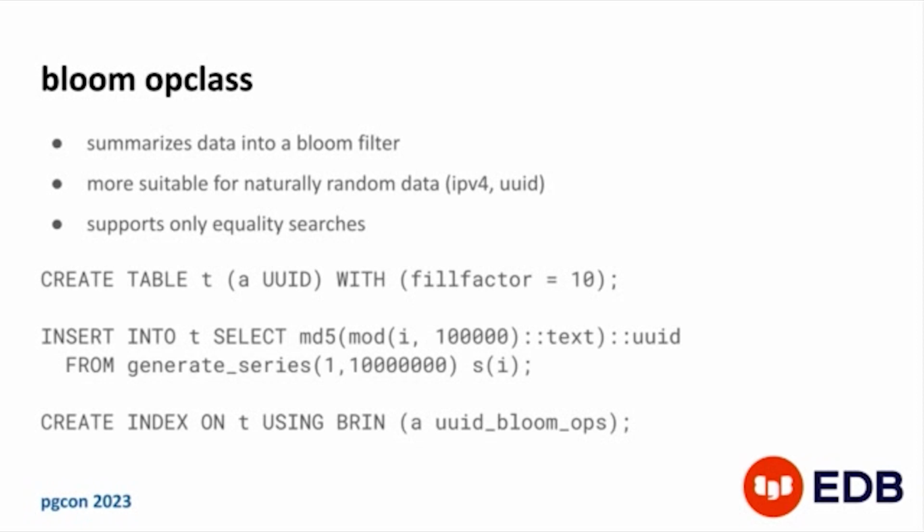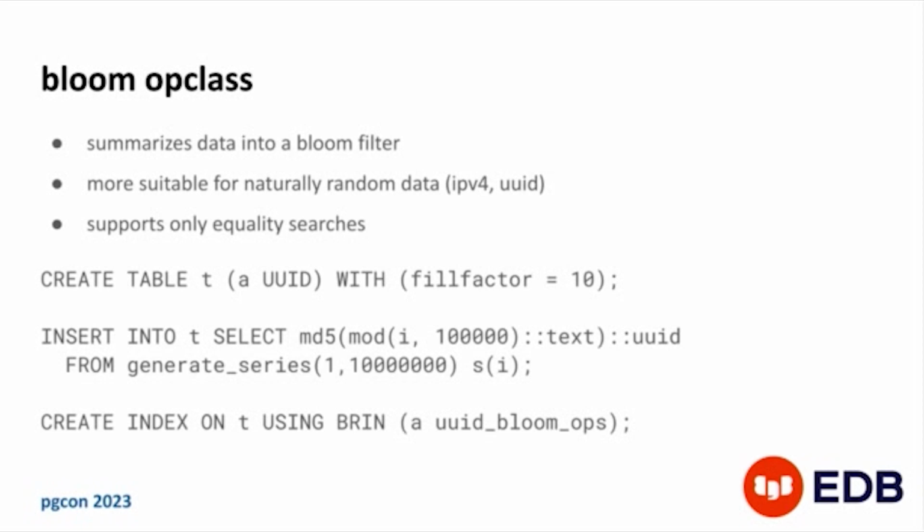The good thing is that this is much more suitable for random data. For example, if you have IP addresses, chances are those are very random, but you will only have a certain number of distinct values in each range. And if you build a Bloom filter, you will be able to answer equality questions for that range. So you will say, okay, does this range contain this IP address, for example.